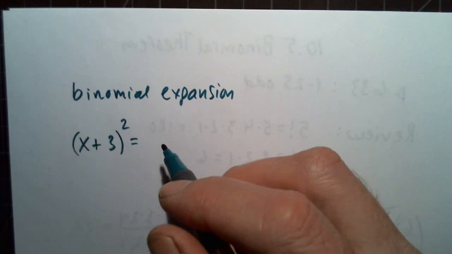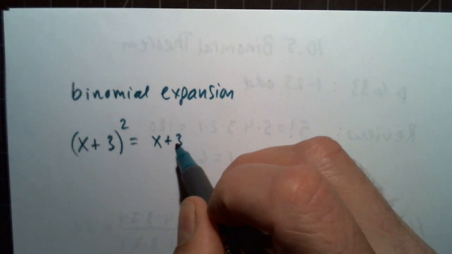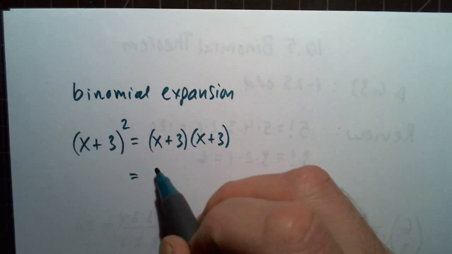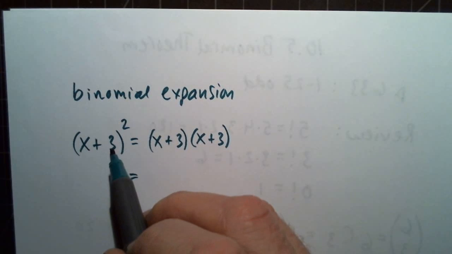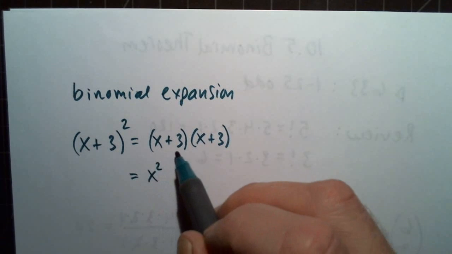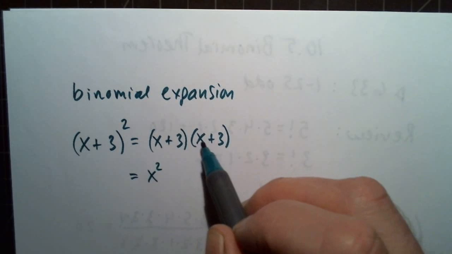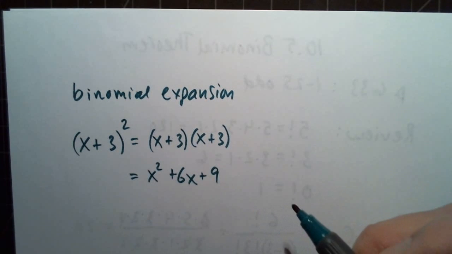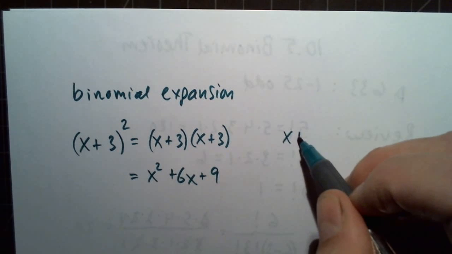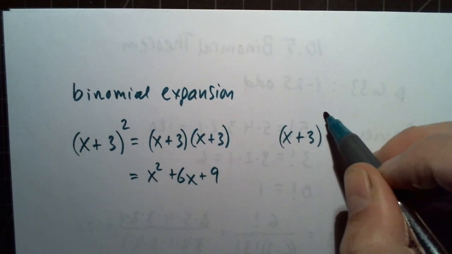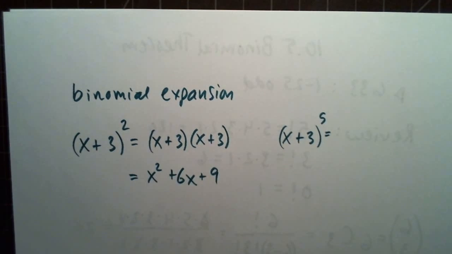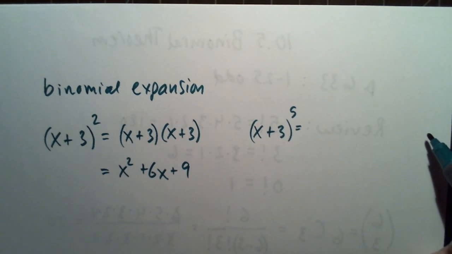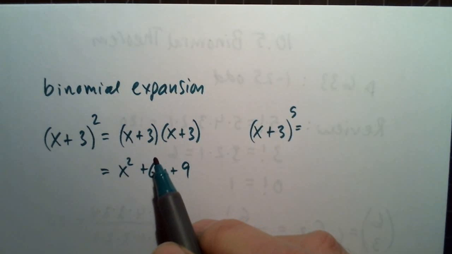If it's only the second power, then we could just multiply it out. And remember that we don't just get x squared and 9, we get x squared plus 3x plus 3x is 6x plus 9. But what if we have x plus 3 to the 5th power? That would require writing out 5 factors and doing this 4 times.